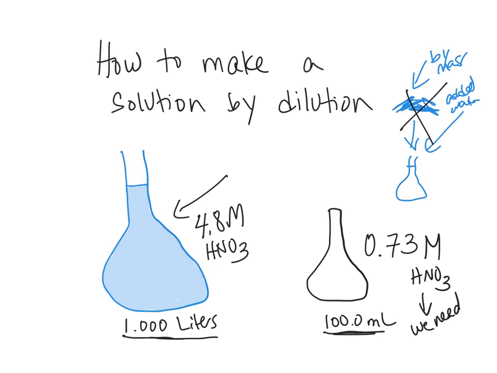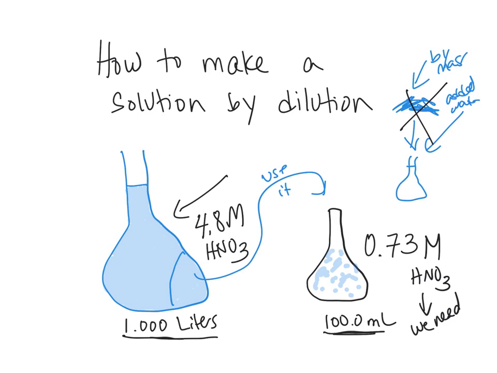So in that case, we can take this concentrated solution that's a much greater concentration, and we can use it to make a solution that is not as concentrated. So it would be weaker. We're going to take some of this out and use it to create this weaker solution over here.